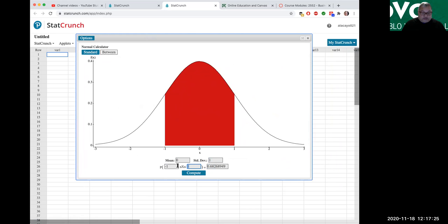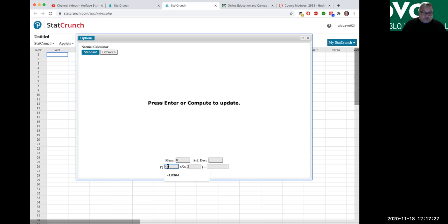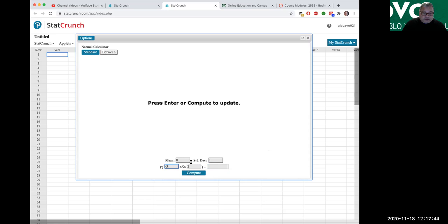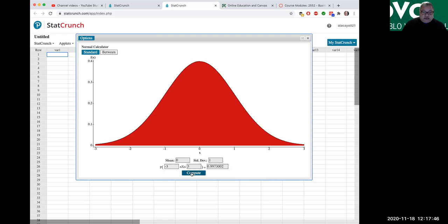If I change the 1 to a 2 and the -1 to a -2, then we get roughly 95% of the values within 2 standard deviations of the mean, above as well as below the mean. And if I go 3 standard deviations below to 3 standard deviations above, we end up considering almost everything possible. 99.7% of the model is contained between 3 deviations of the mean.